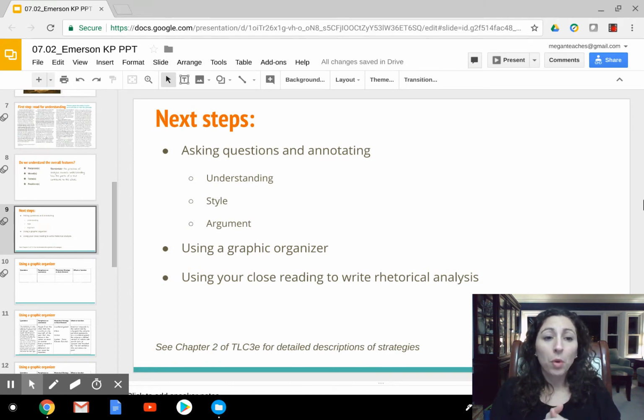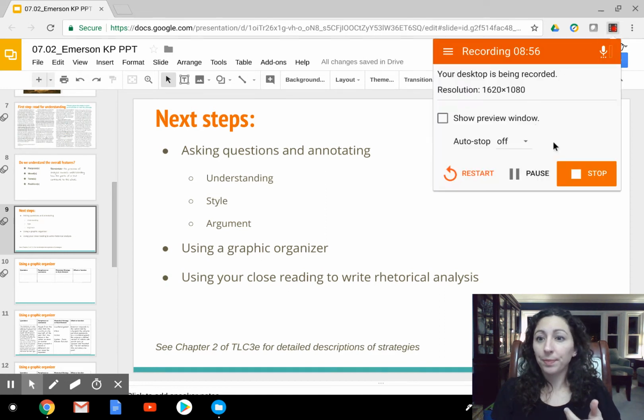So before we get to the graphic organizer, let's actually take a look at that passage. So I'm going to pause again so that I can get my copy and you can get your copy of the close reading passage, and then we'll annotate that together.